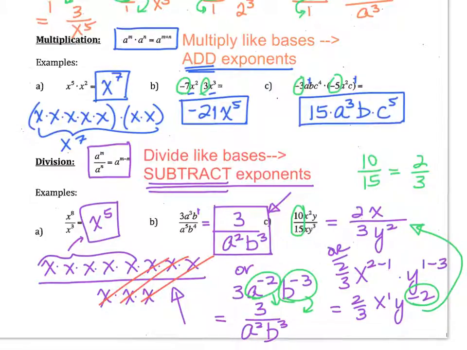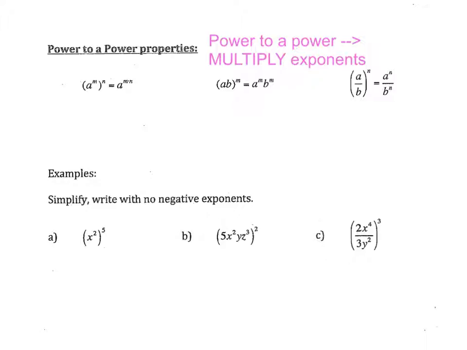So 2 stays in the numerator, 3 stays in the denominator, x on top, y squared on the bottom. So it'll turn into this answer if you do the subtraction.